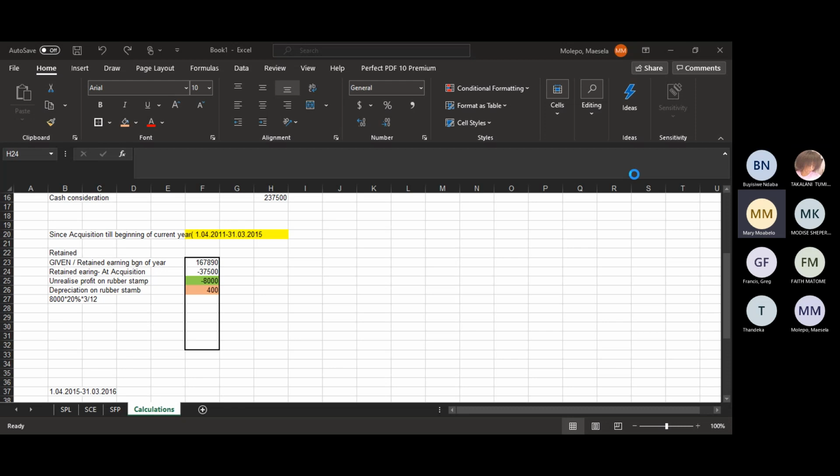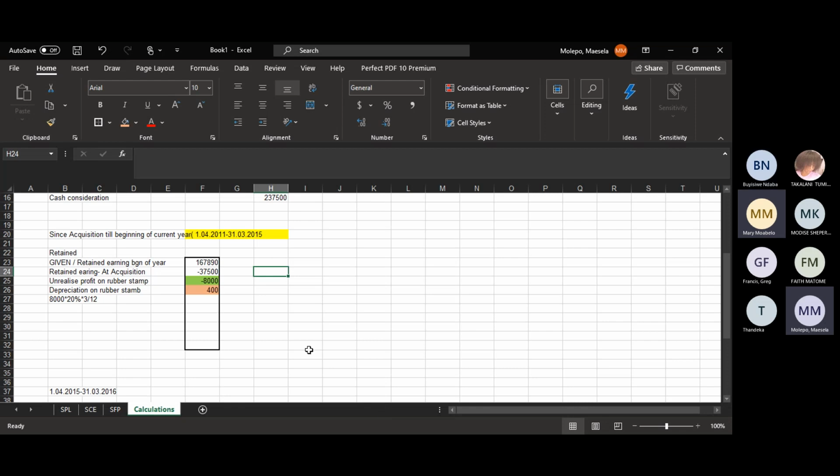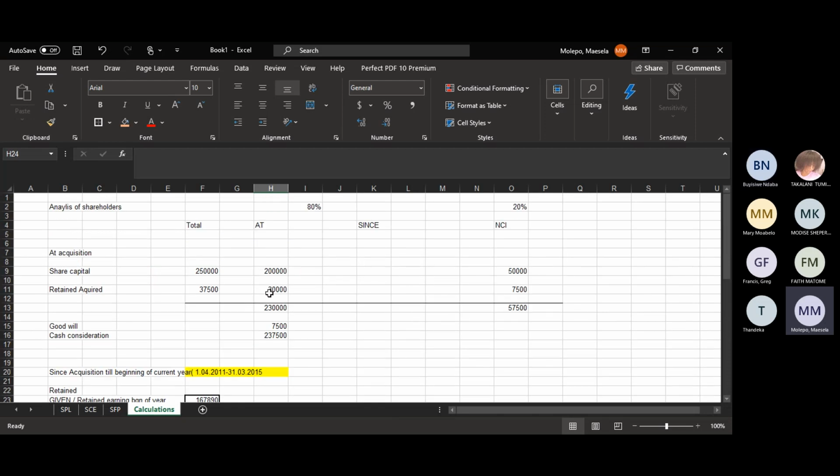Okay. In terms of that 8,000 in brackets, did we not make a profit? We made a profit. However, since it's an unrealized profit, it's not yet shown as if I made the profit. Remember, I made a profit, but I sold it to the person who's in my group. Let's say I'm Khadebe.